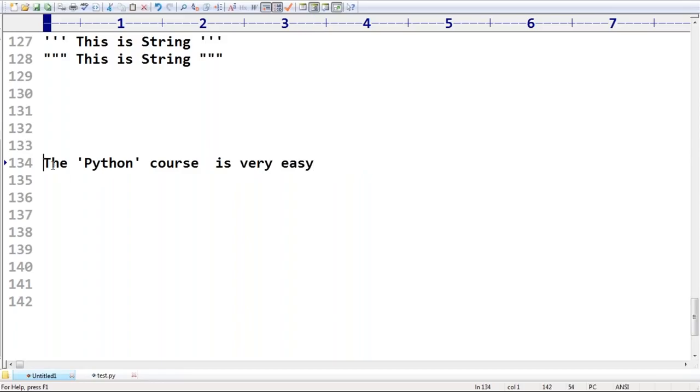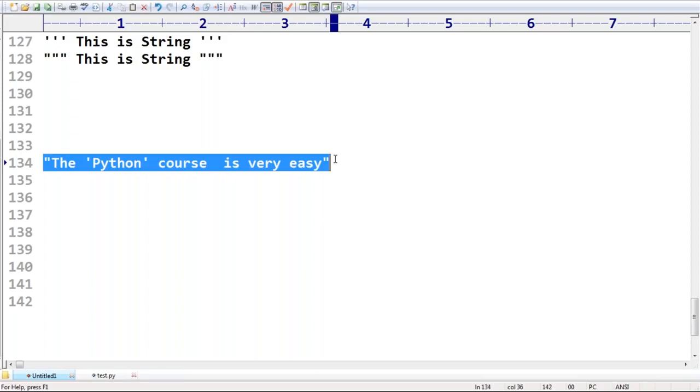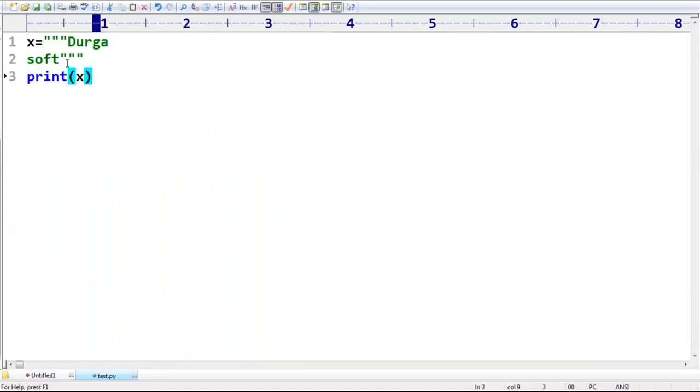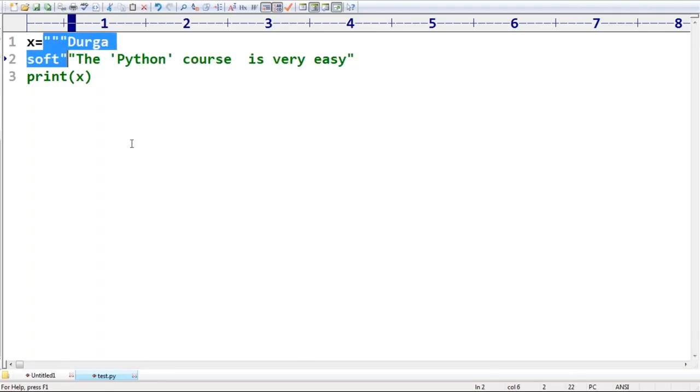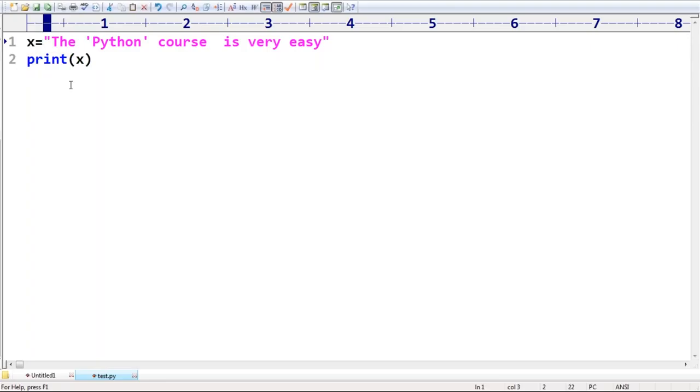If you want to print like this, better to enclose within double quotes. Within double quotes itself is acceptable. Now have a look once. Here within double quotes you can take, no problem at all. Here I'm taking the Python course is very easy.